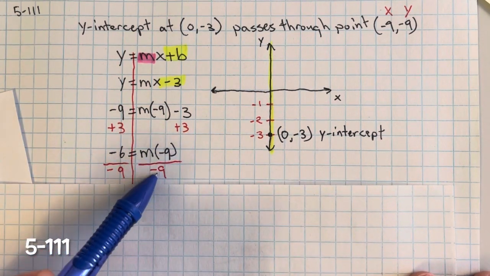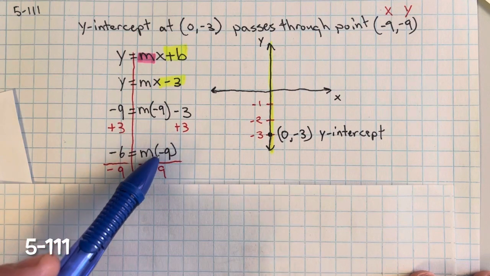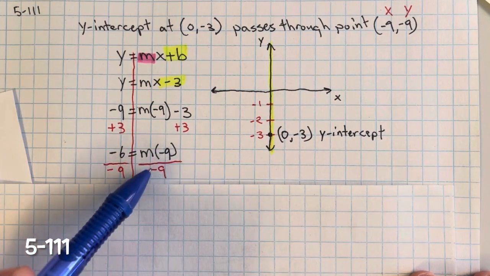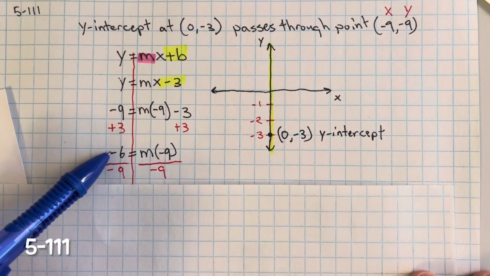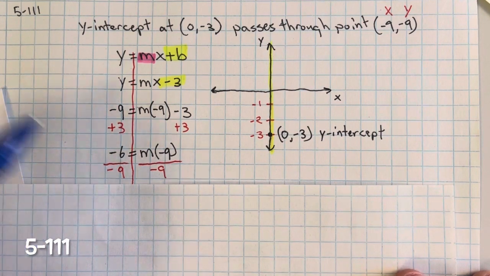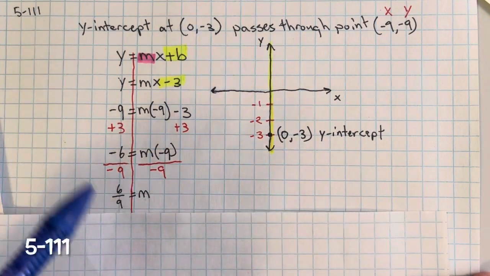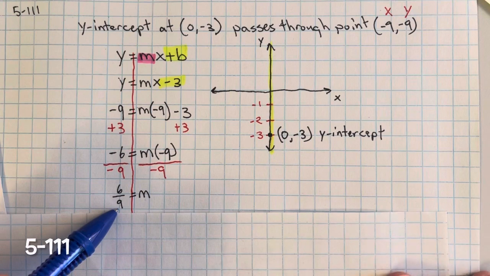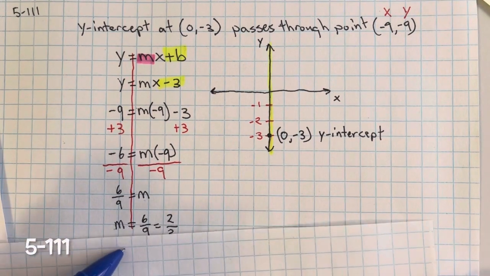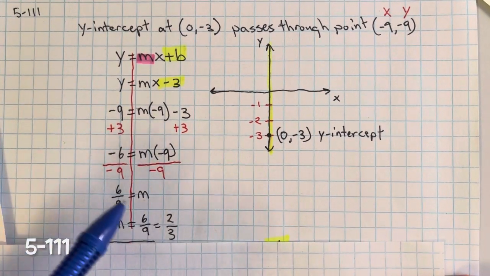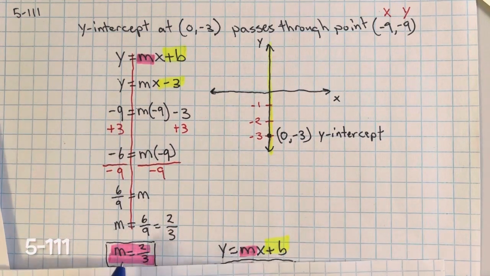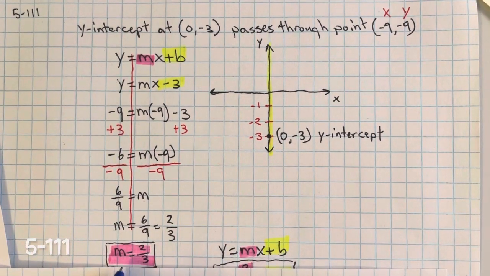This creates a giant 1, and then -6 divided by -9 will equal a positive 6/9. So the slope, m equals 6/9, or 2/3. So we get the slope of m equals 2/3.